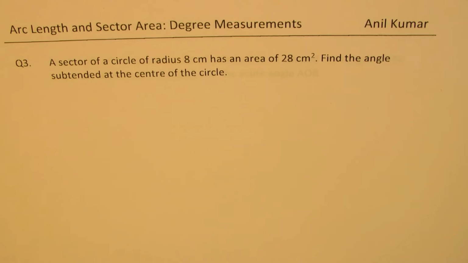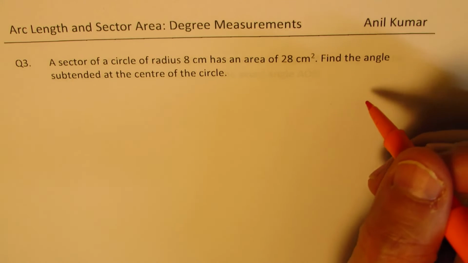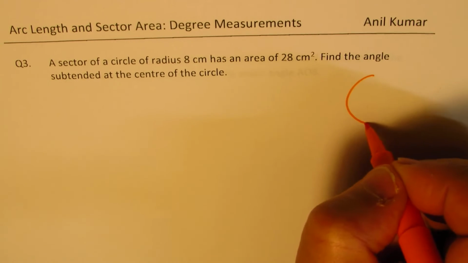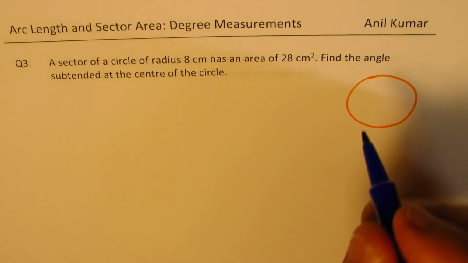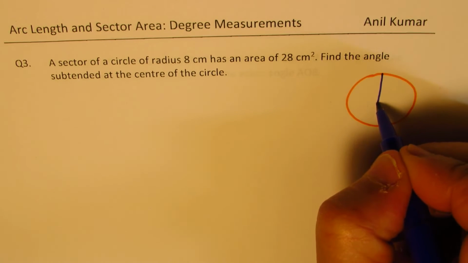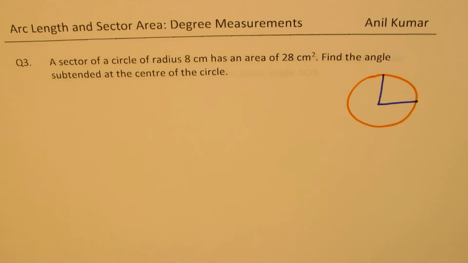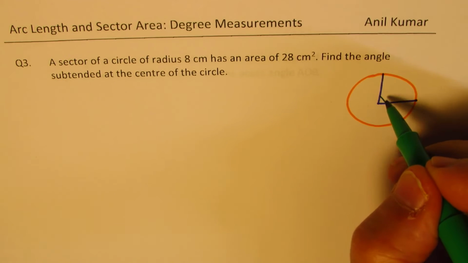Question number 3. A sector of a circle of radius 8 centimeters has an area of 28 centimeters square. Find the angle subtended at the center of the circle. Right. So we'll just draw a circle, and we know the area. This time we are given the area.